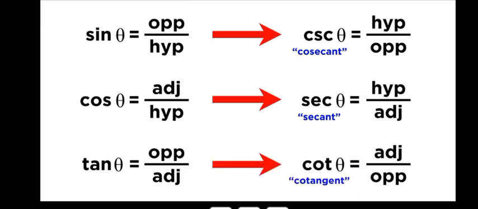Cotangent is the reciprocal of tangent, so instead of opposite over adjacent, it's adjacent over opposite. So we definitely have to memorize SOHCAHTOA, and then we just have to memorize which functions are the reciprocals of these three, since we can just flip these ones to get the others.